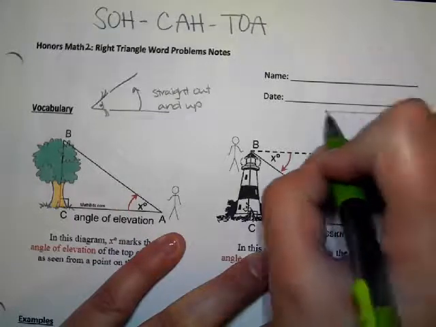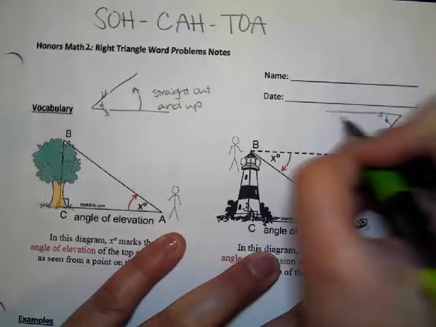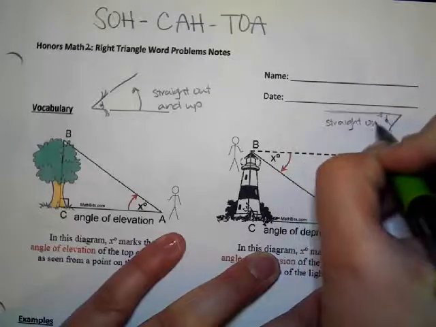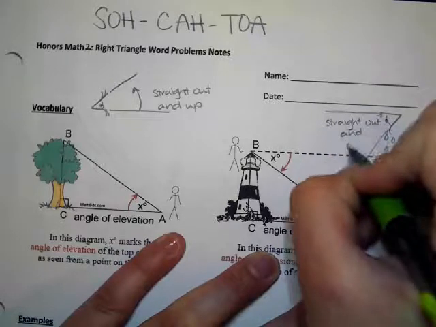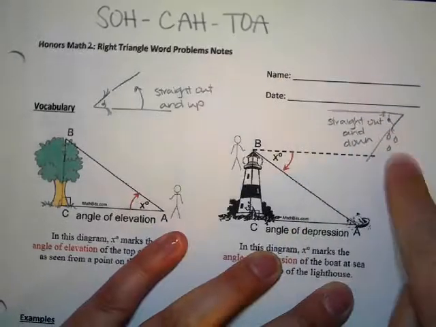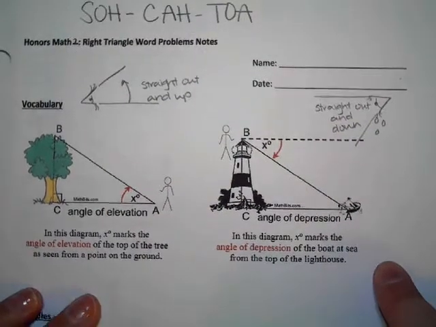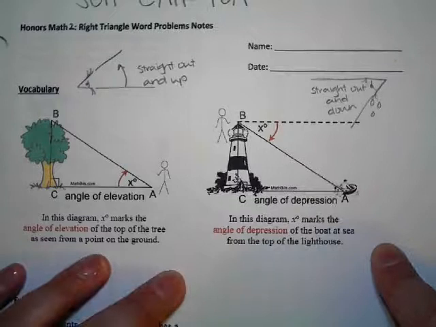So for angle of depression, it is straight out and down. Do you like the little tears? They're little tears, straight out and down.